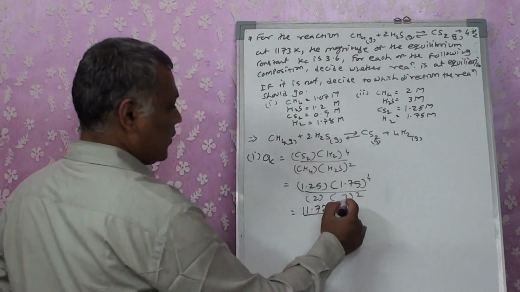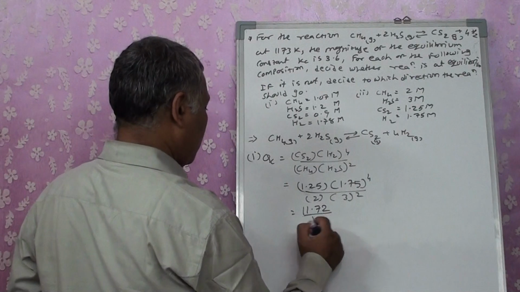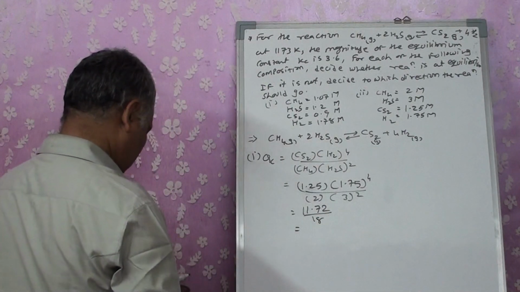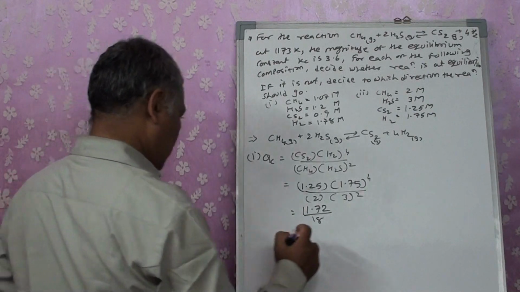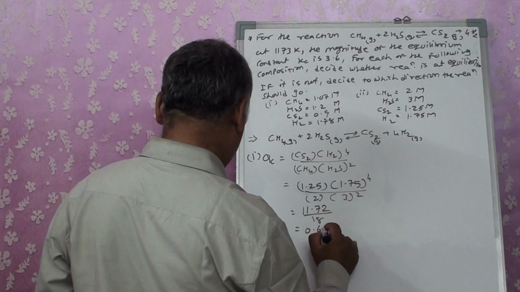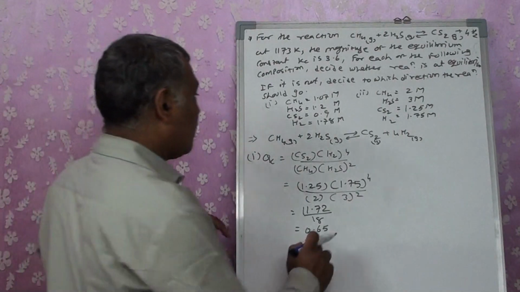This one will be 3 threes are 9, 9 twos are 18. So here we get 0.65.